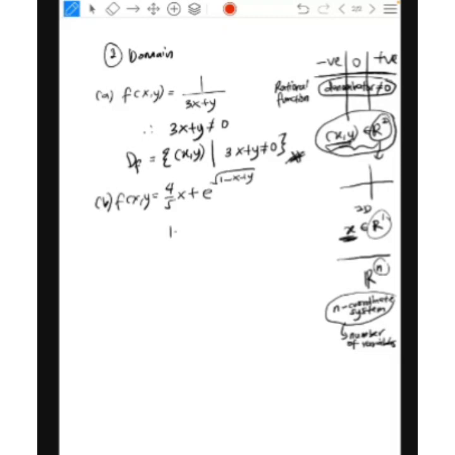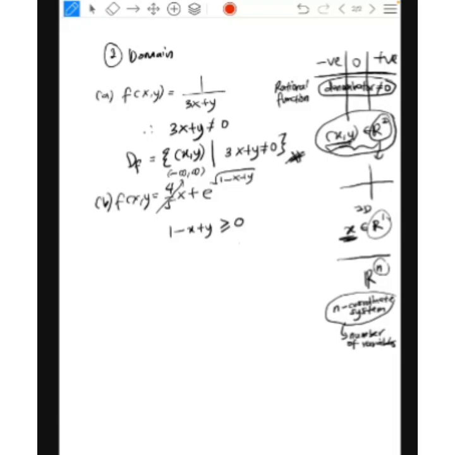So 1 minus x plus y can only be defined if the term is greater than or equal to 0. This other term has no problem because it can go from negative infinity until infinity. So you may just discard that one, omit that one, and we look into the other term, which is the square root.